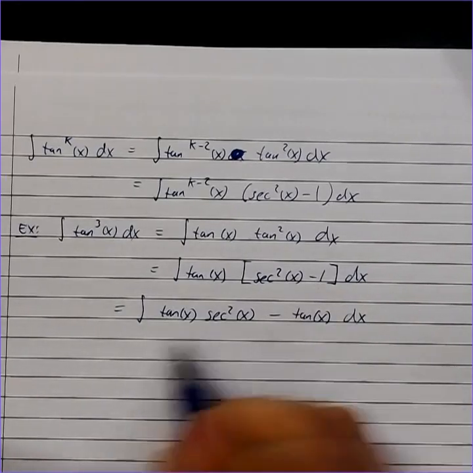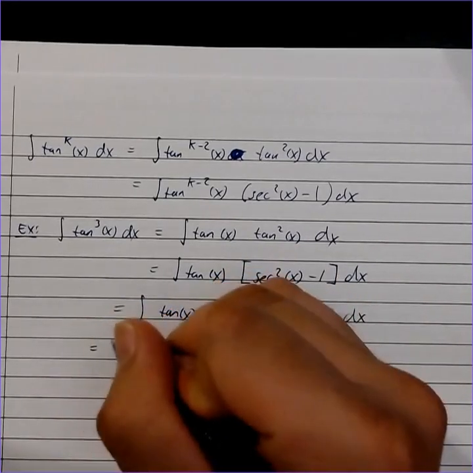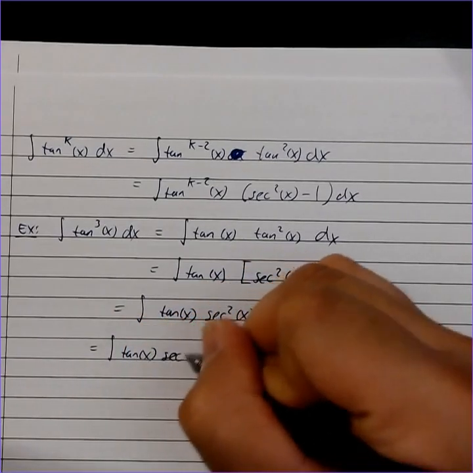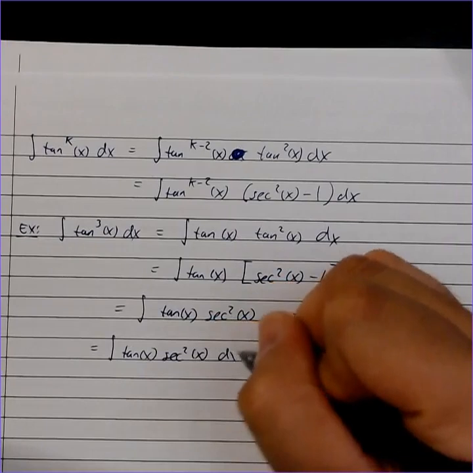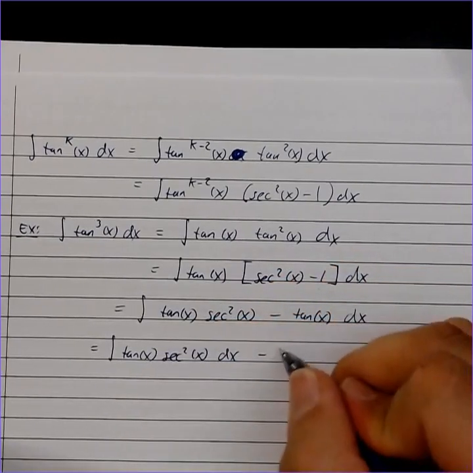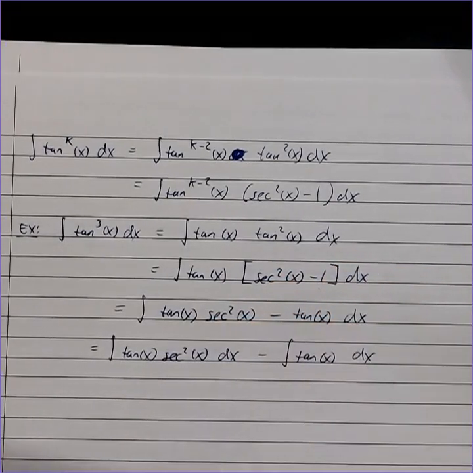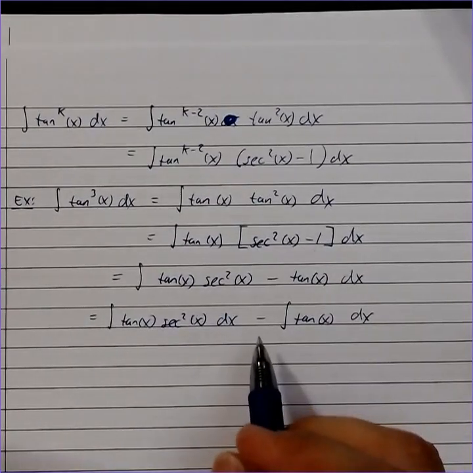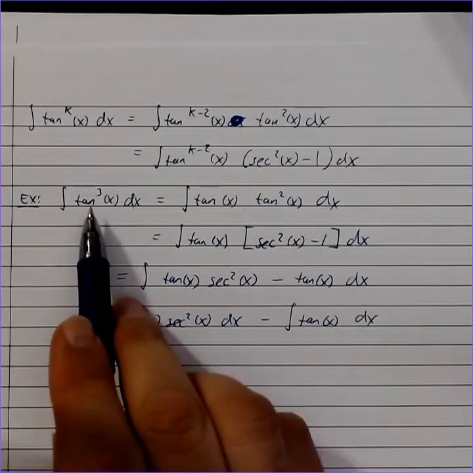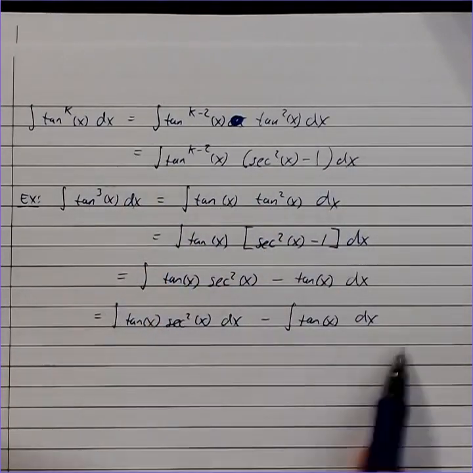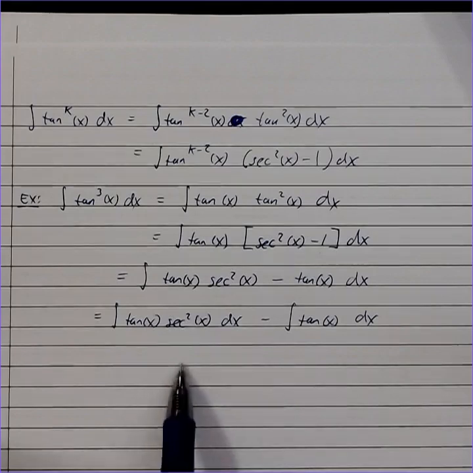And here you can even split that up if you like. You can write that as two separate integrals: tangent of x secant squared of x dx minus the integral of the tangent of x dx. But now both of these are integrals that we know how to do. Notice that we never actually got the answer from this formula. We simply got a new integral that we can hopefully now work with.